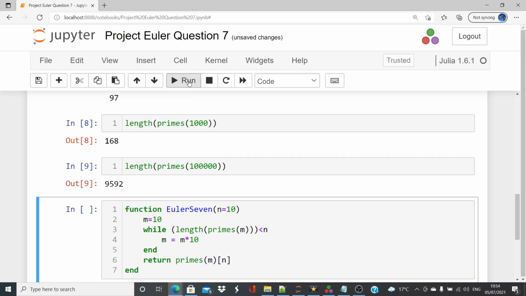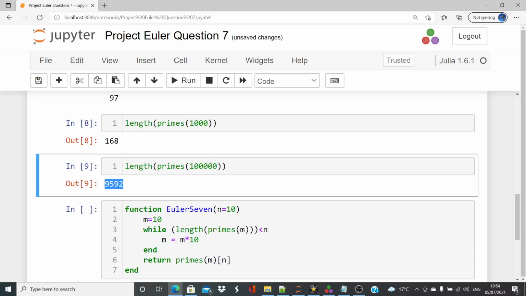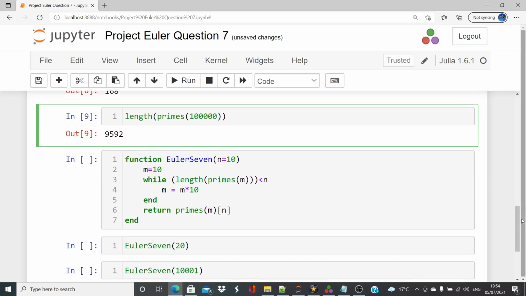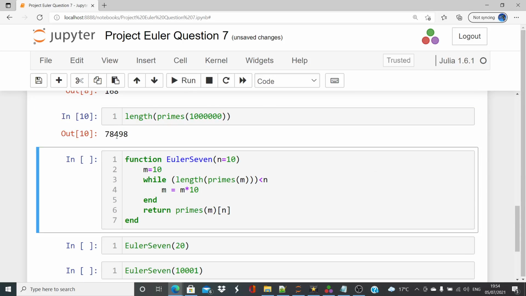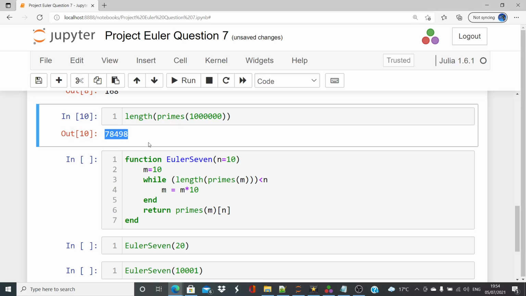Let's see, does that help us? Not bad. We still need a few more. So that's what it does. It just iteratively increases this until this number is big enough such that we'll be able to pick out the 10,001st item.